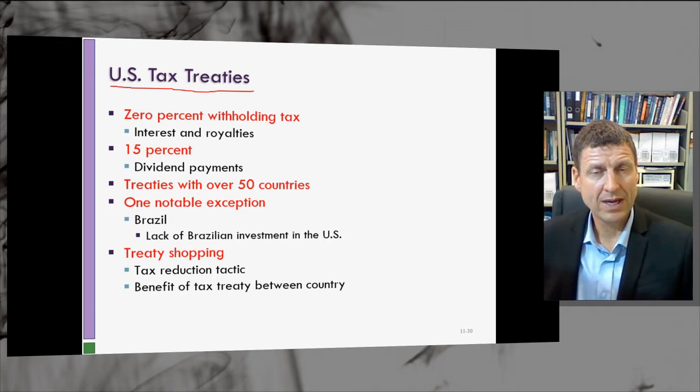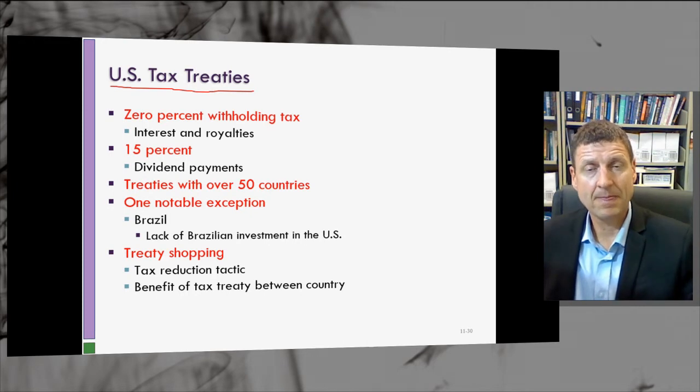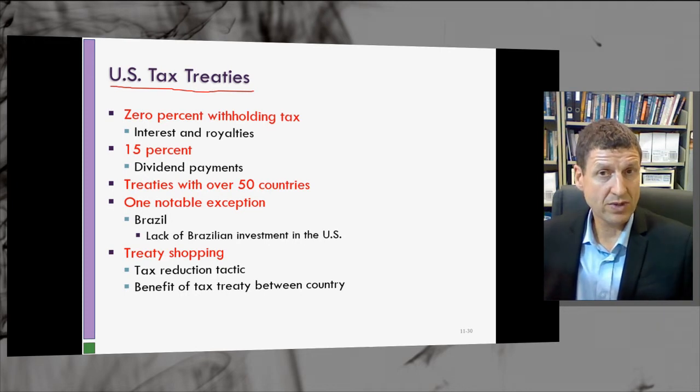So for example, at one stage, Brazilian companies were setting up a subsidiary on an island just off Brazil, which was French owned, that had a treaty with the US, and that enabled them to get dividends out of the US back into Brazil without having to pay withholding tax in the US.